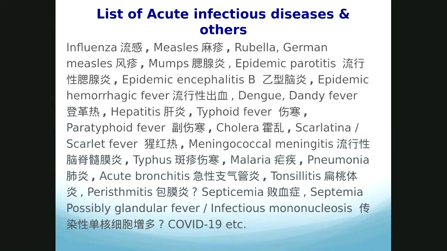Okay, there are more details of other Western illness names. So influenza, measles, rubella, German measles, mumps, epidemic parotitis, epidemic encephalitis, epidemic hemorrhagic fever. This is a very scary one. And dengue fever, hepatitis, typhoid fever, etc. There are so many.